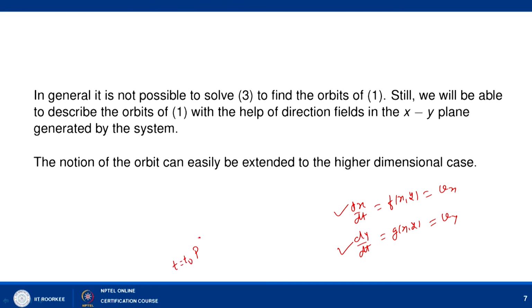At t equal to t naught, you know the velocity along the x component and the velocity along the y component. So, Vx and Vy, and the total velocity is given as Vx square plus Vy square.